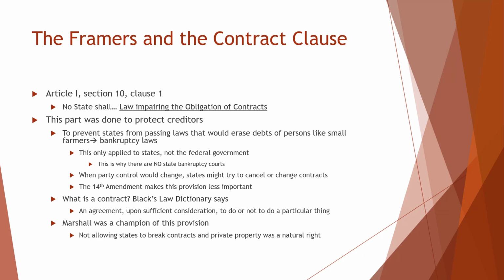What you're often seeing the Marshall Court doing is putting the public good over a contract, making it very difficult to do a lot of things. Just think about this. When we get to the bridge case, let's say you granted one company a monopoly, the ability to collect tolls going across a bridge. Well, let's say you need a new bridge. The Marshall Court would say, no, you have to compensate that other person.